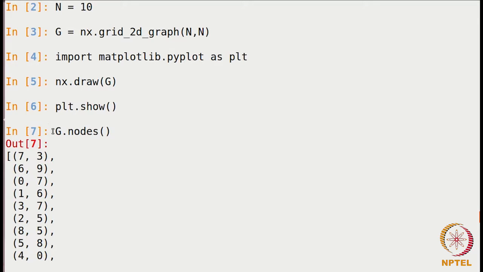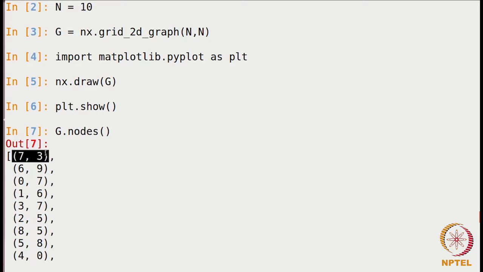But here, I wrote G.nodes, and what I'm getting is a tuple for every node, and the tuple consists of two values, which are basically the row number and the column number of that node. So basically it is like a grid, but it's just that it's not looking like a grid. So we might need to display it accordingly. We might need to assign appropriate positioning to every node.